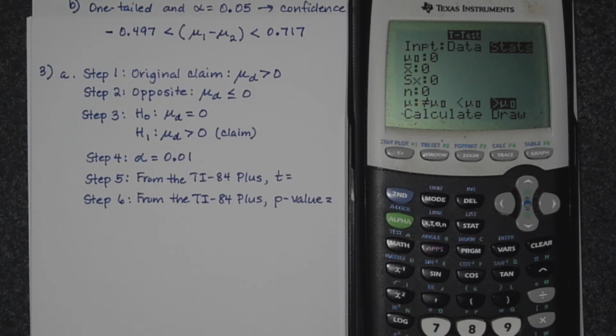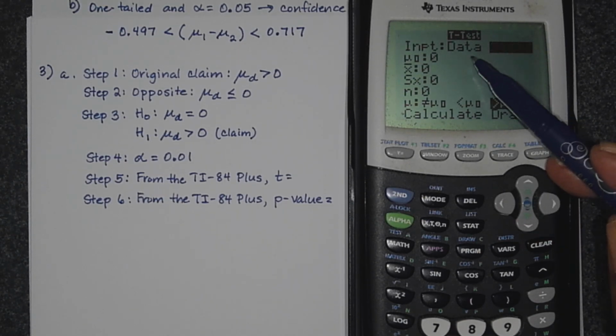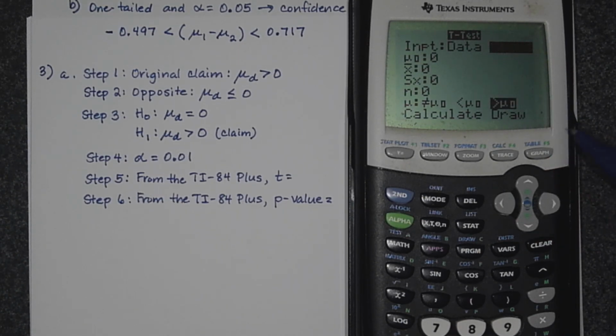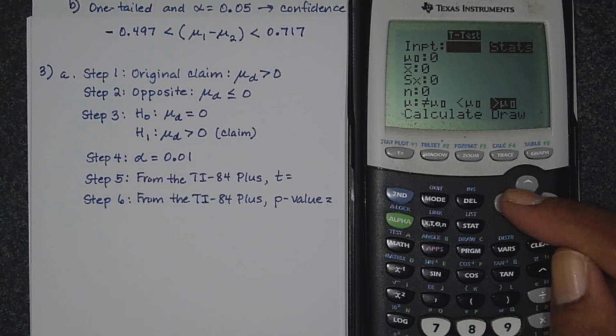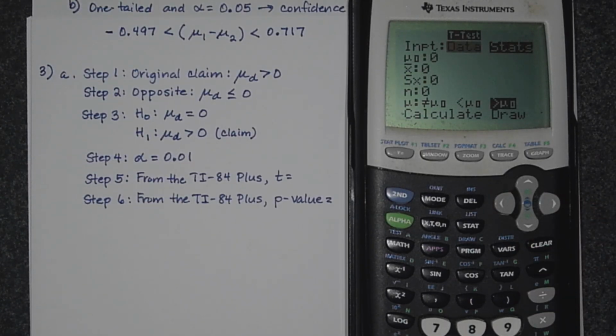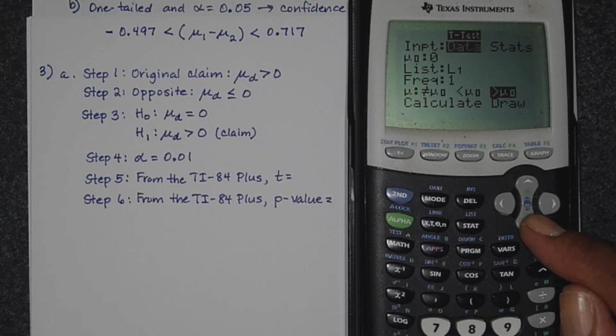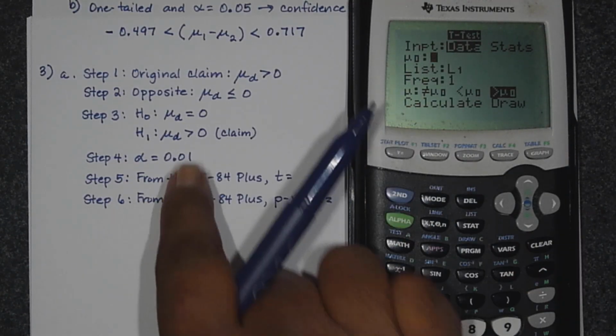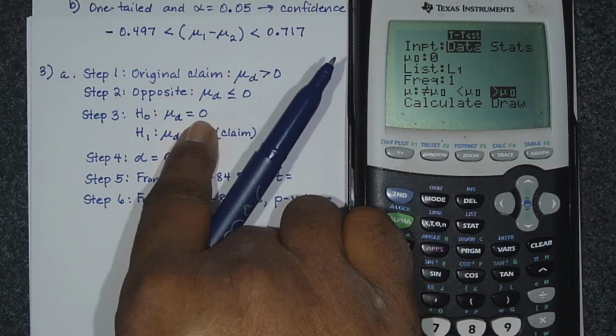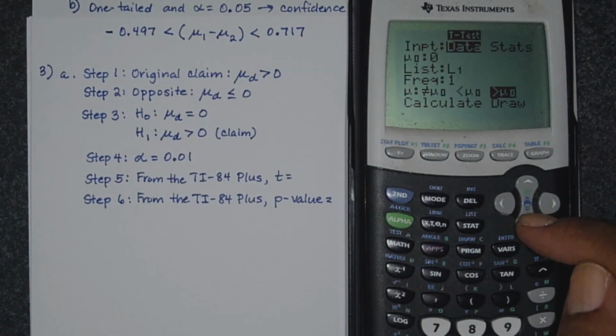And then press enter. Now, we want to make sure that for this one, data is highlighted because we're using data values here. So we're going to use our left arrow key to put the cursor on top of data and then press enter. Our mu sub 0, that comes from the null hypothesis. That's going to be 0.